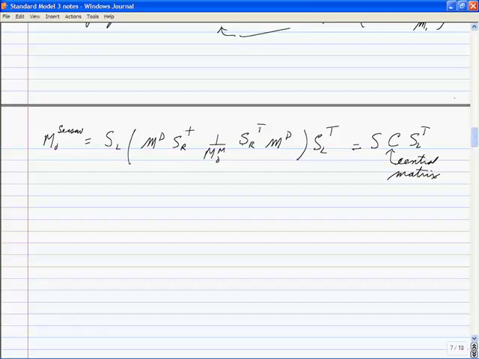This needs also to be diagonalized. So we need to diagonalize this.